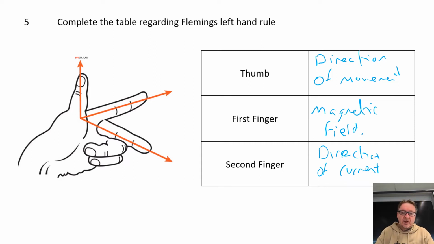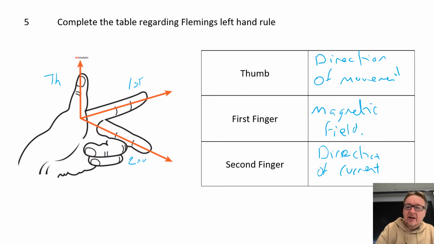That is the second finger, that is the first finger, and that is the thumb, just in case you didn't know. Let's firstly have a look at the thumb. Direction of movement. The thumb is the direction the wire is going to move.